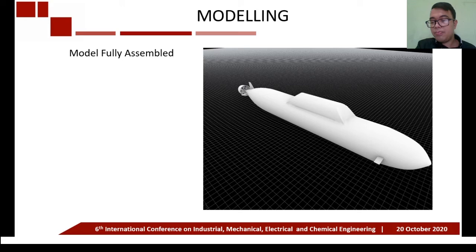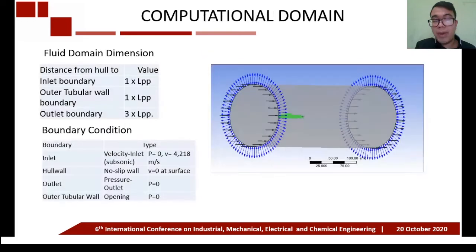Going up to the computational domain, CFD simulations follow the criteria of the ITTC CFD guidelines. For the case of the propeller domain, two fluid domains need to be created, which are the fluid domain and the propeller domain. This simulation used a steady state condition. The fluid domain is created with the dimensions suggested by ITTC.